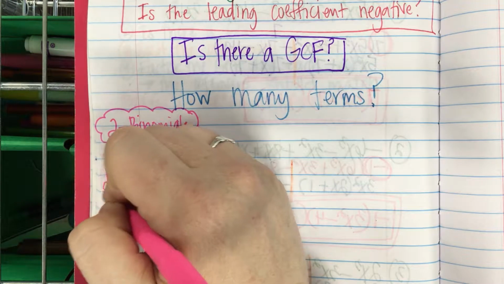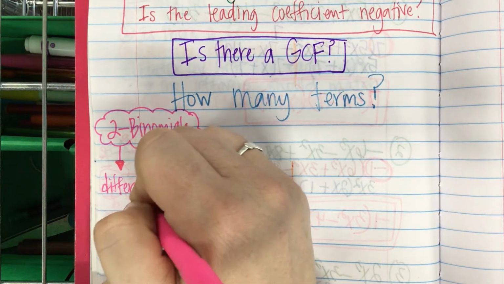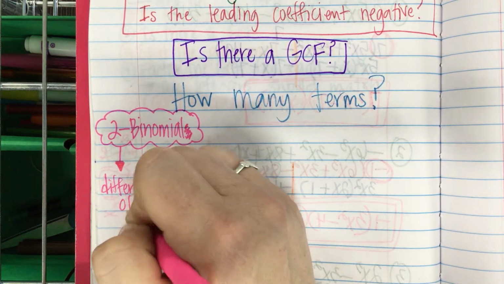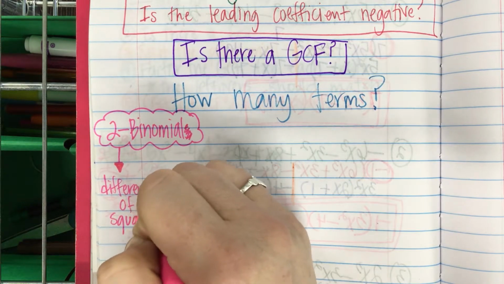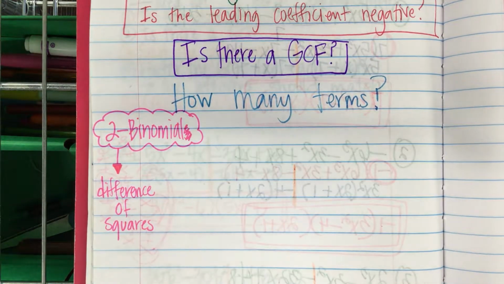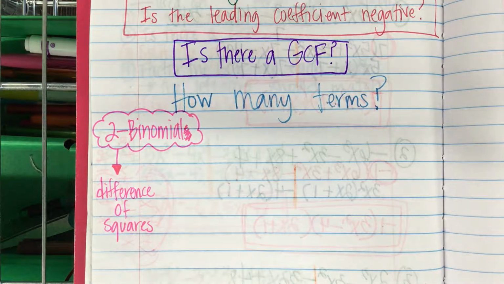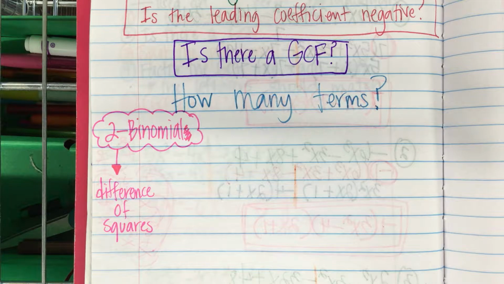It could be a difference of squares, which we talked a little bit about yesterday. With 2 terms, a binomial, one option is that it's a difference of squares. And that was our discussion yesterday.